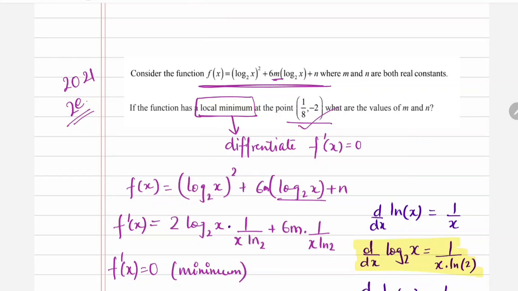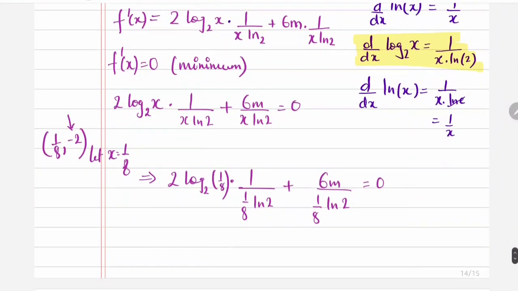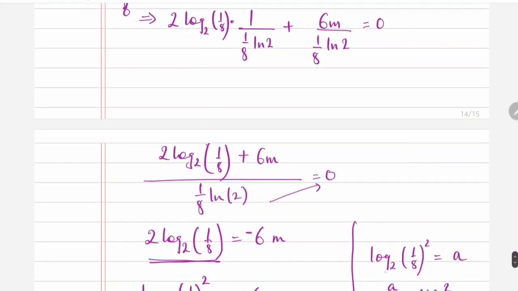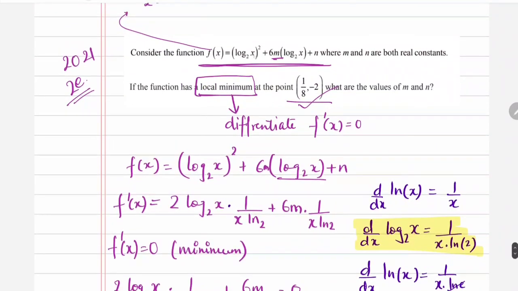So minus 2 equals log base 2 of 1/8, squared. We have just solved that as minus 6 recently.